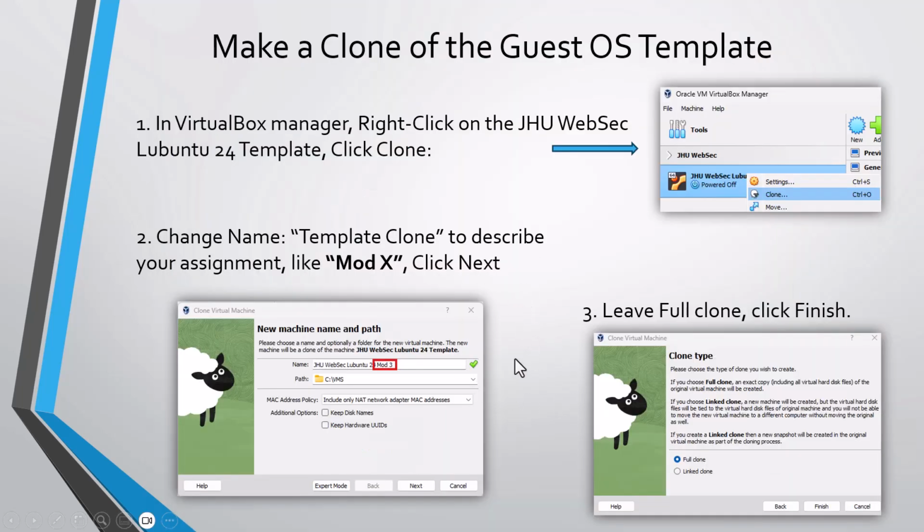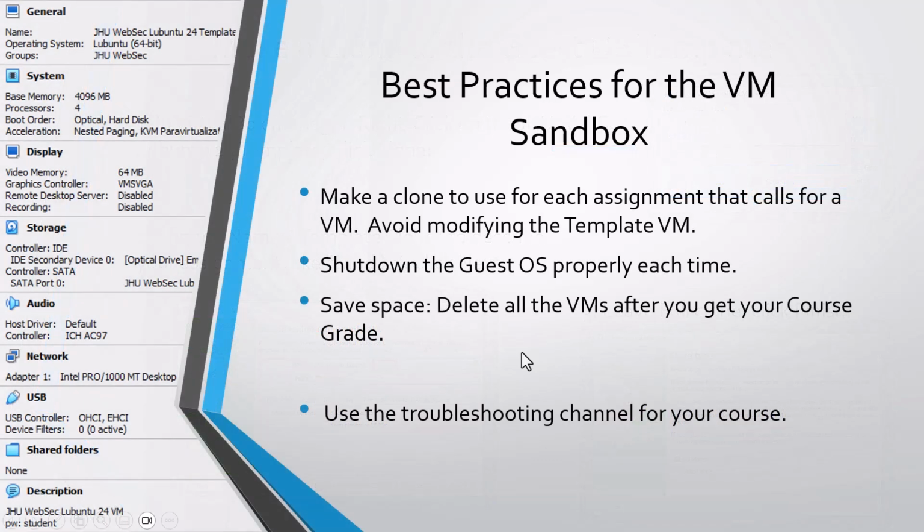Here's the instructions you can follow. And we're just going to talk about, for a minute here, make a clone for each assignment that calls for a virtual machine. And the reason we do that is so that you can avoid modifying the template. So if anything gets messed up, you could always revert back to the template and build another virtual machine for the module. Also, make sure you shut down the guest operating system properly.